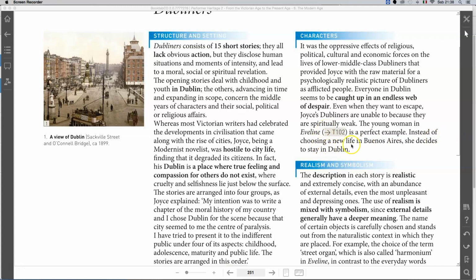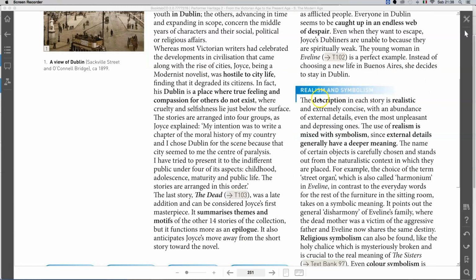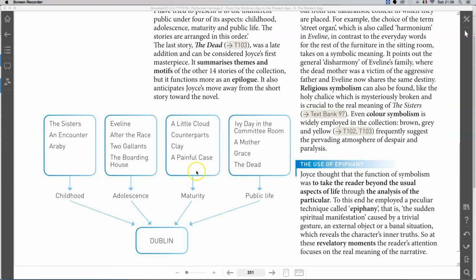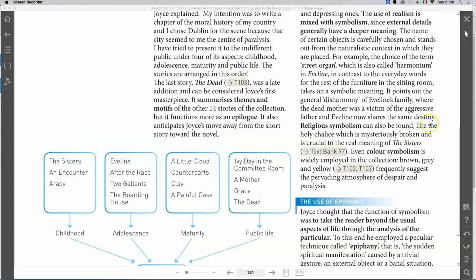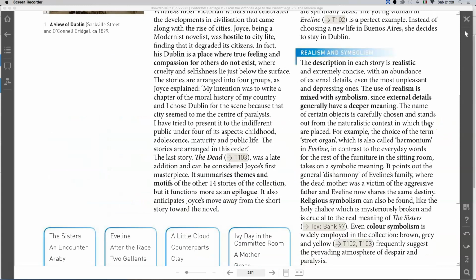And instead of choosing a new life in Buenos Aires, she decides to stay in Dublin. Evelyn is the protagonist of the short story Evelyn, in the adolescence section. There is a kind of realism and symbolism in each story.